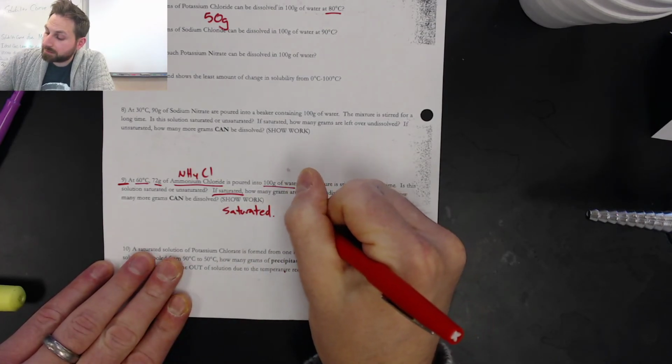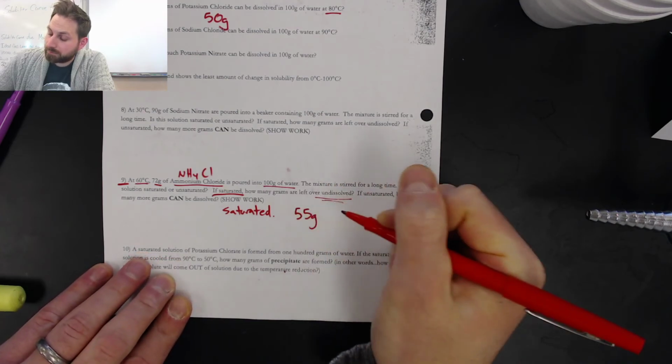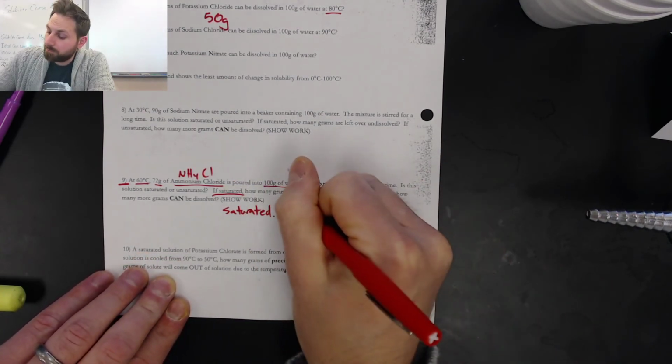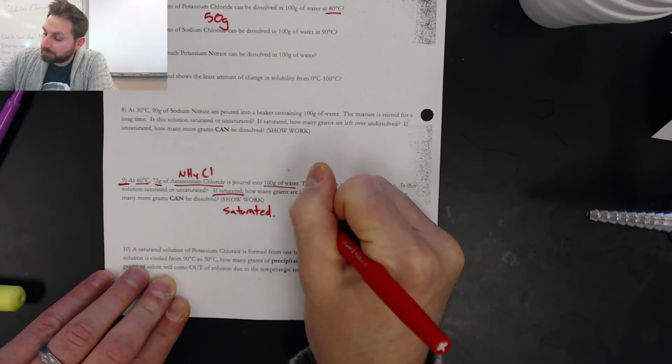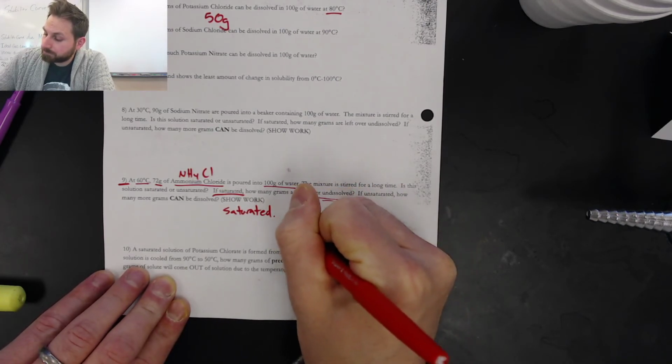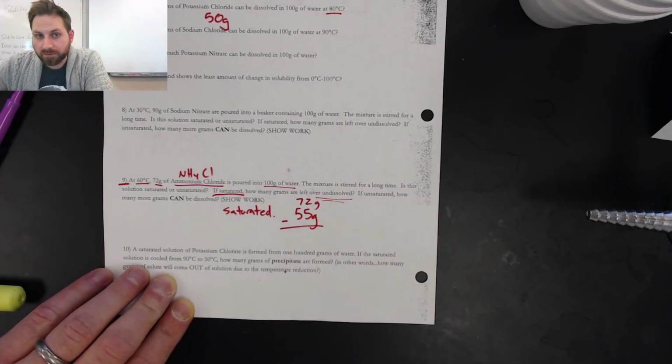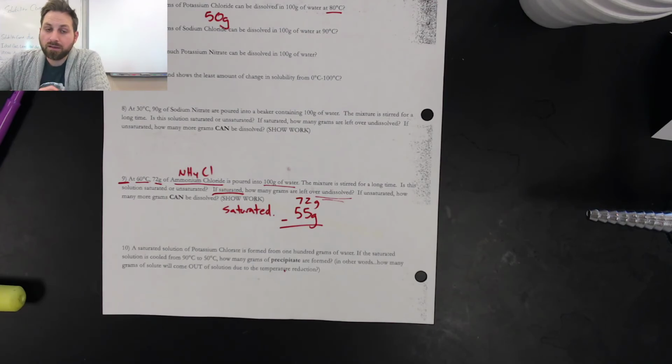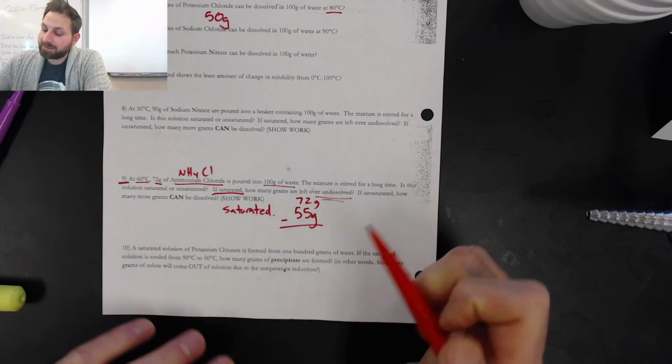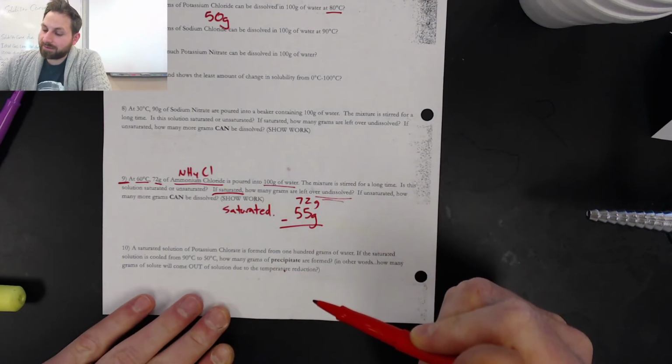So if we could dissolve only 55 grams, but we were trying to dissolve 72 grams, how much is left over? This becomes pretty simple math. Do your subtraction, what do you get?